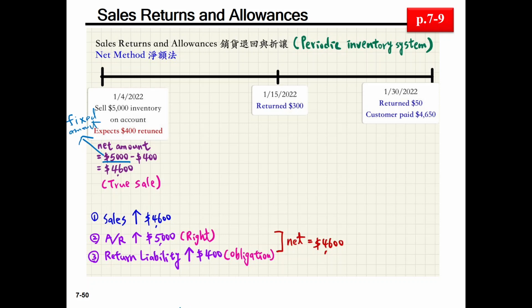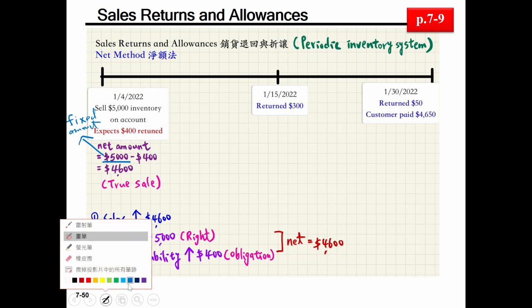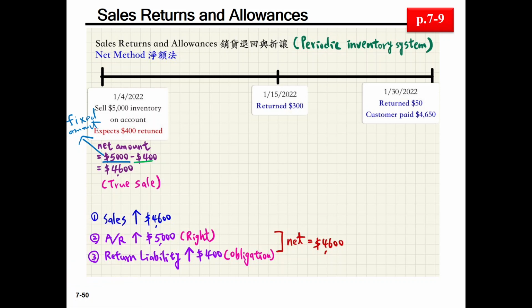But we have to think about what kind of event could happen in the future. This is what could happen in the future. This is your variable consideration, 变动对价. So after that, we note the net amount, the true sales, is only $4,600, right?